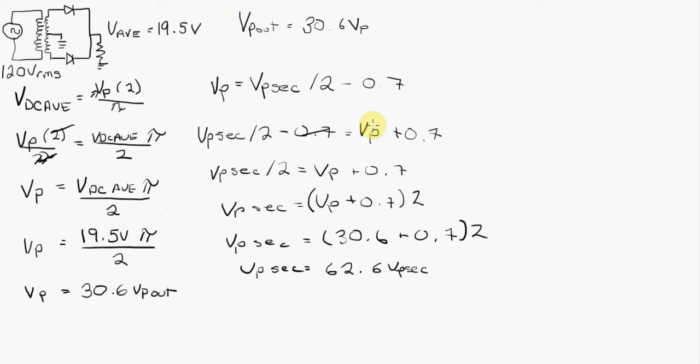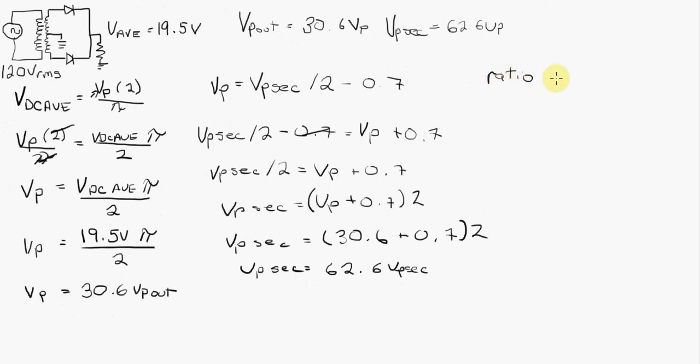Again, I'll put that up here. Secondary was 62.6 volts peak. Now what we're after would be the ratio.